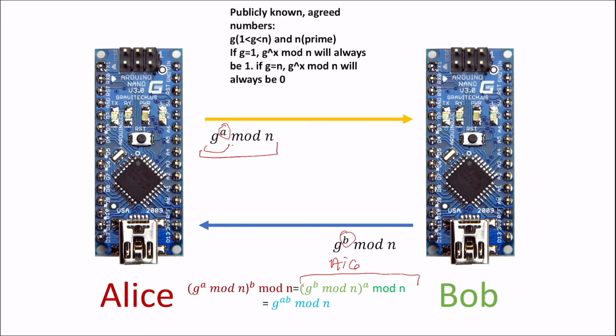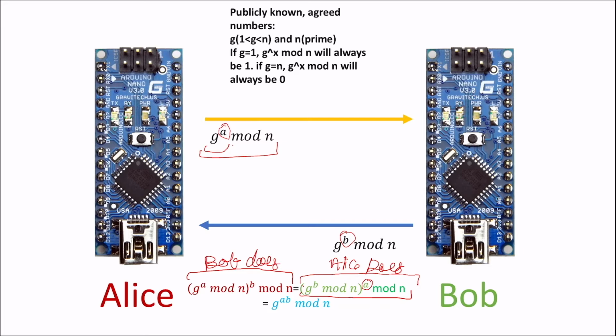Next, this is what Alice does. Alice received this G to the B mod N. She raises it to her private number A and does mod N on it. And this is what Bob does.